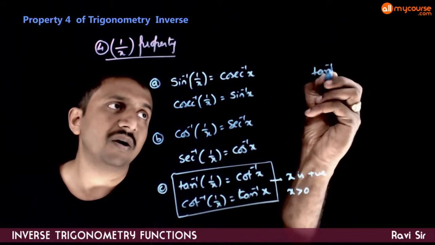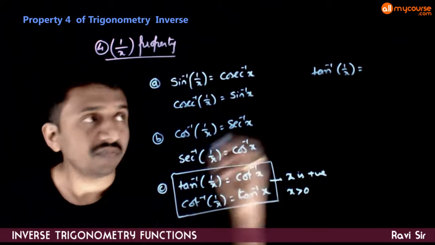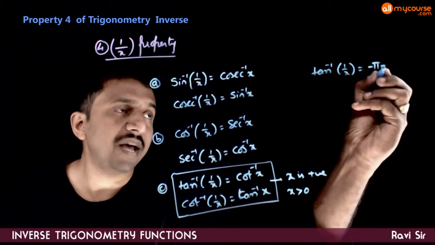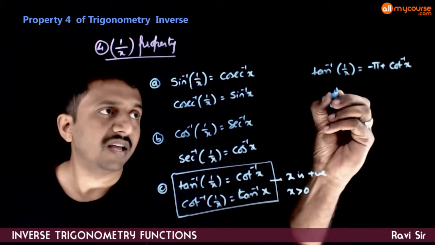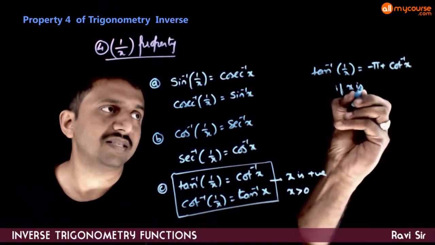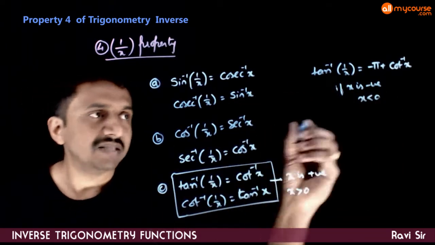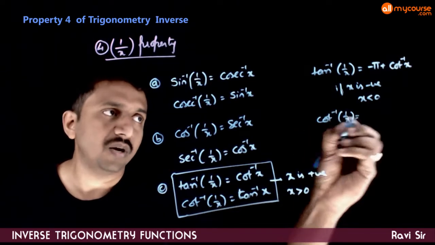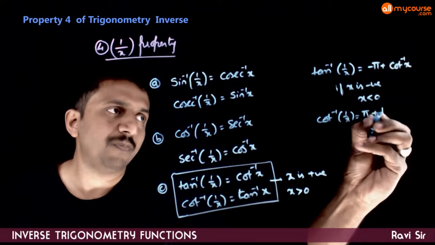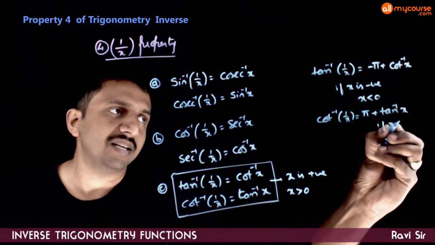Tan inverse of 1 by x is equal to minus pi plus cot inverse x if x is negative. That is, x is less than 0. Similarly, cot inverse of 1 by x is equal to pi plus tan inverse of x if x is negative.